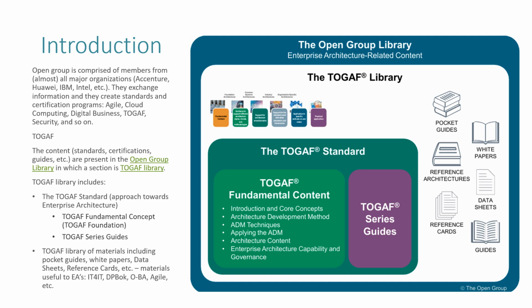Fourth chapter is applying the ADM. It tells you that you can modify the ADM, adjust the ADM, or customize the ADM based on your context, based on your enterprise, based on how much time you have, how much detail you want to go into, and what areas you want to cover. So accordingly, you can modify the ADM.